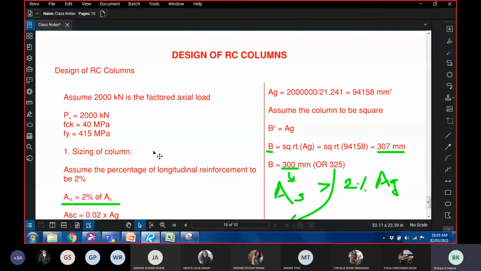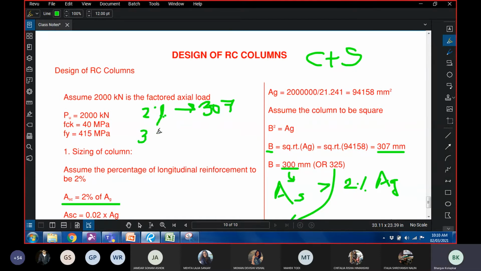Okay, this is not a technical question, it is simple logic. So 2% means 307. In any column, the contribution is from concrete and from steel. For 307, we require 2% of steel.